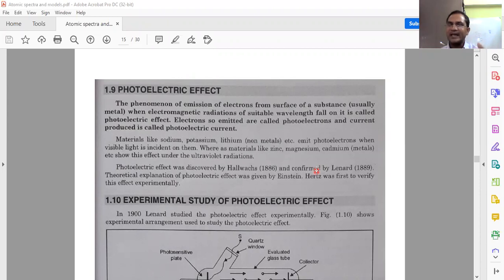They can show the photoelectric effect only with ultraviolet radiation, whereas alkali metals can show this phenomenon with visible light too. Visible light wavelength, already explained, is 4,000 to 7,500 angstrom. Ultraviolet is less than 4,000.